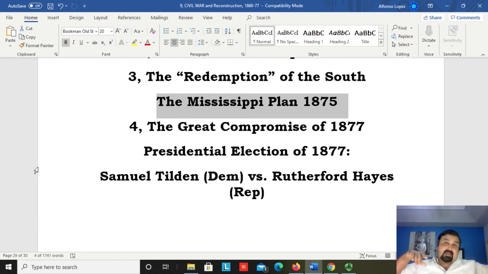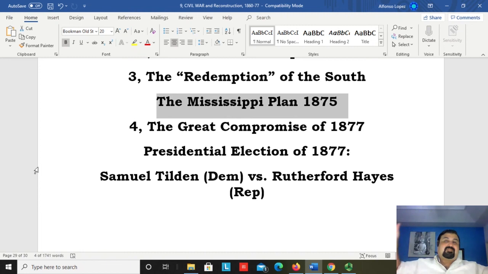Many of them were African Americans and so on. So they were just driving away people, physically preventing them from casting a vote. And so because they were not allowed to vote, the elections at the end gave the Democratic Party the victory. So this was known as the Mississippi Plan. It worked so well that after Mississippi, this plan was implemented all over the South. State after state after state started going back Democrat, Democrat.